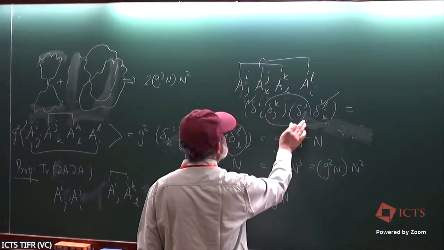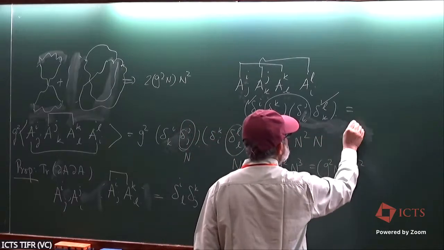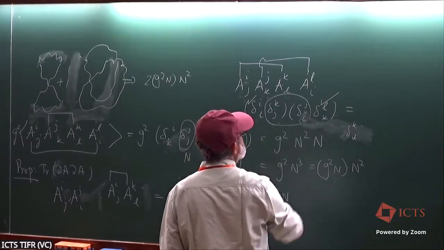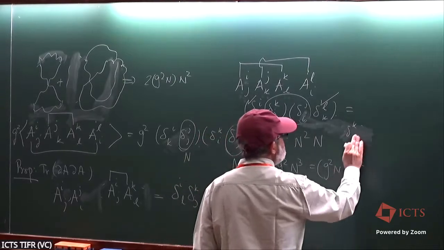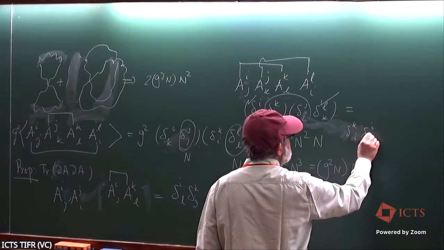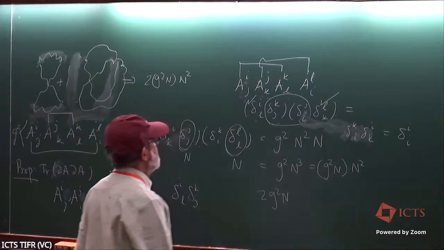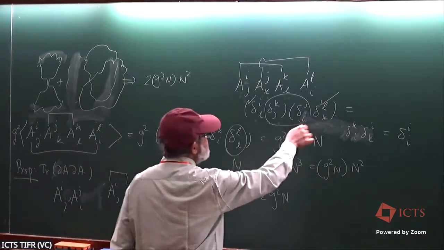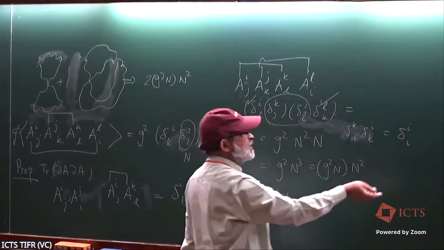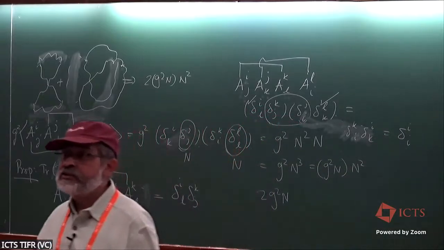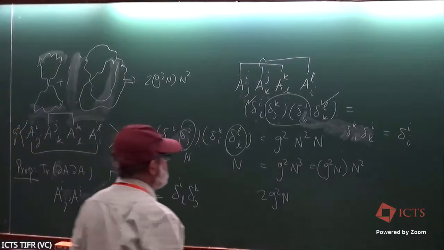So now this should be delta KI, these two deltas together, and this would be delta IK, good. Delta KI, delta IK. So eventually there is just one delta II. So all indices, because of these deltas, have become just one index. So you get delta II. So therefore it's given by N.